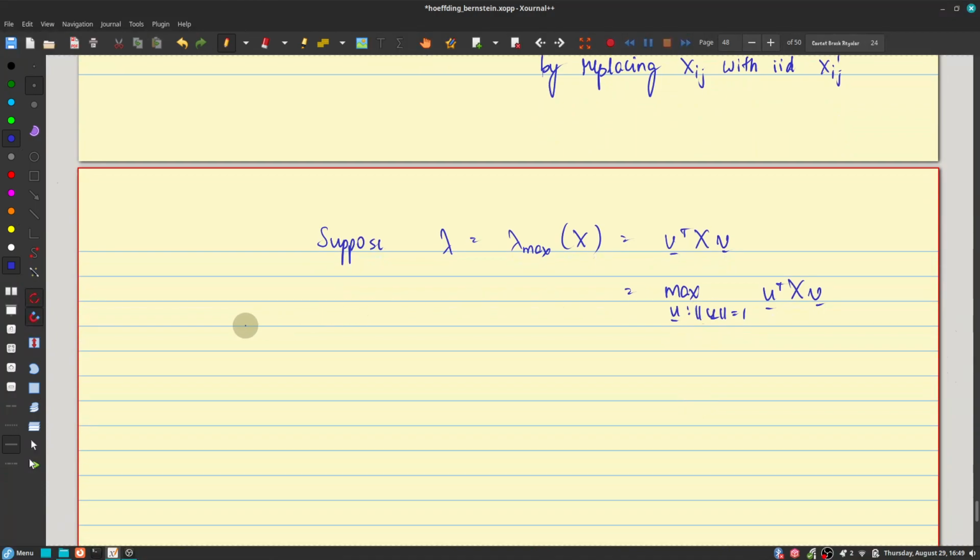Now let me just look at this specific random quantity, lambda minus lambda ij.